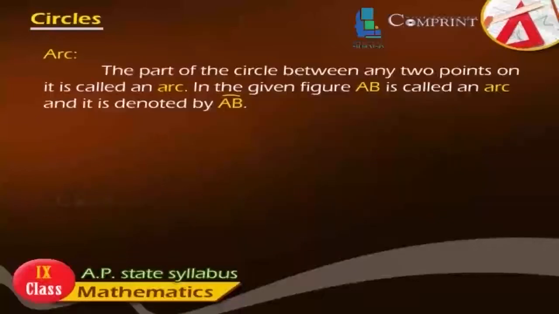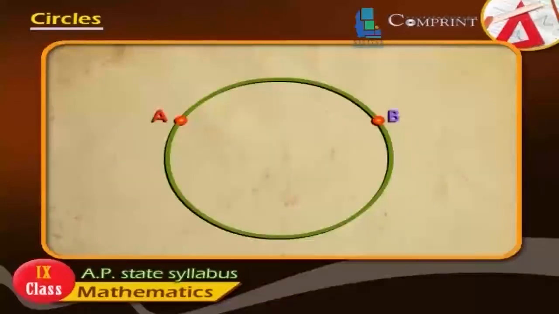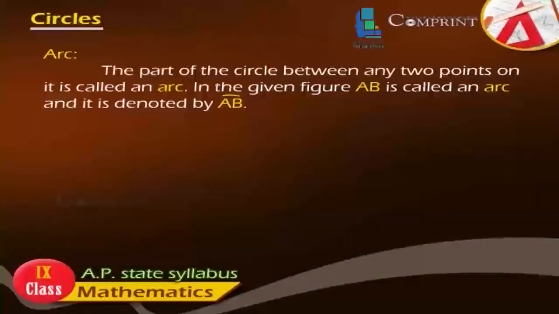Arc. The part of the circle between any 2 points on it is called an arc. In the given figure, AB is called an arc and it is denoted by arc AB.